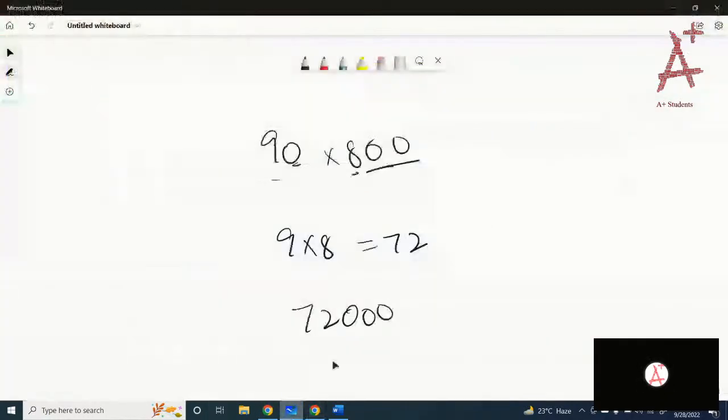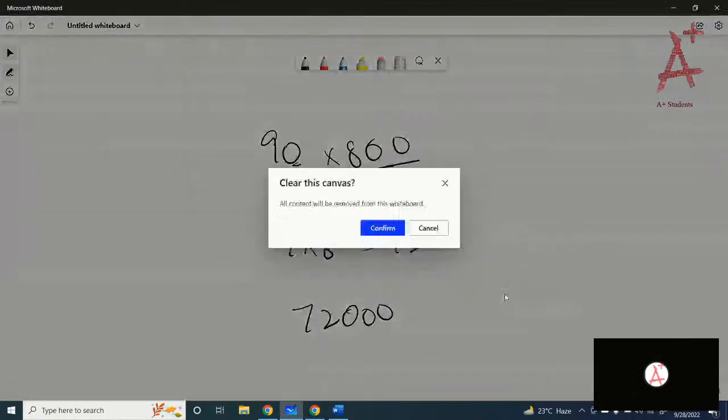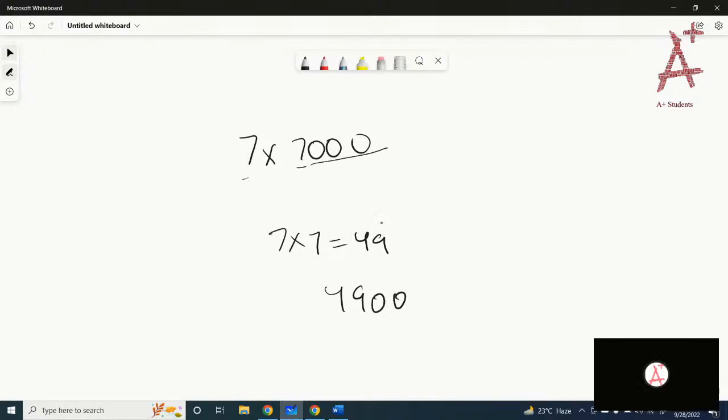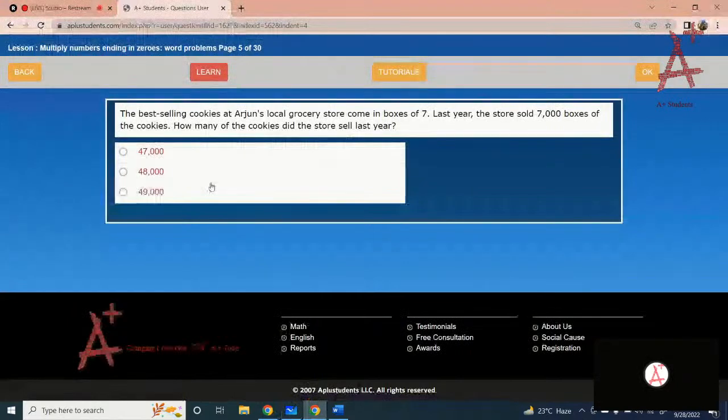Do you know the correct option? Just multiply the digits. 7 times 7 is 49, and then you have to add three zeros. So that would be 49,000. Got it? So select the correct option, click on the OK button.